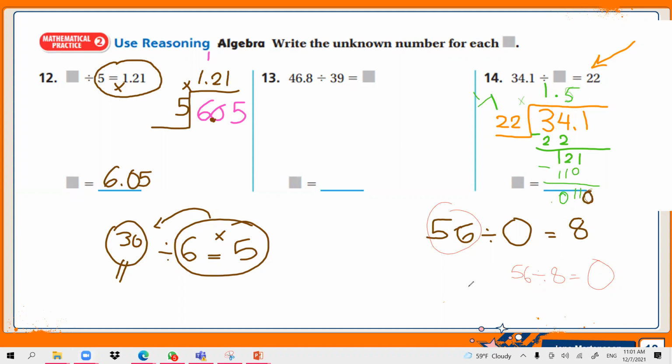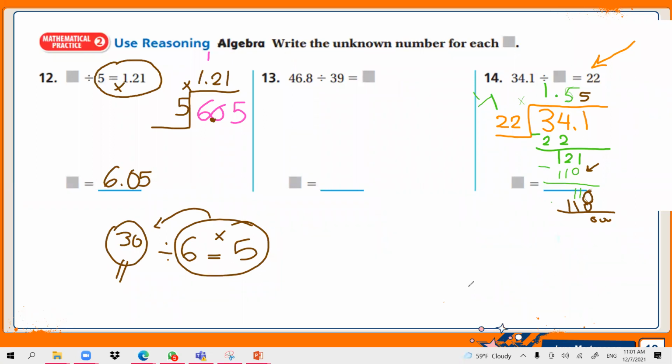Okay? So 110 divided by 22 will be another 5, like here. 5 times 22 is 110. Okay, just in decimals. In long division, you mustn't add 0.